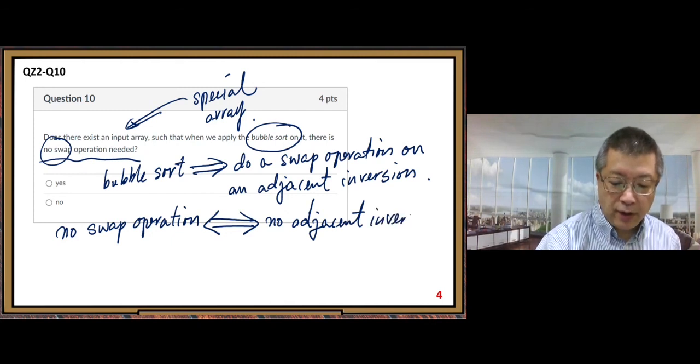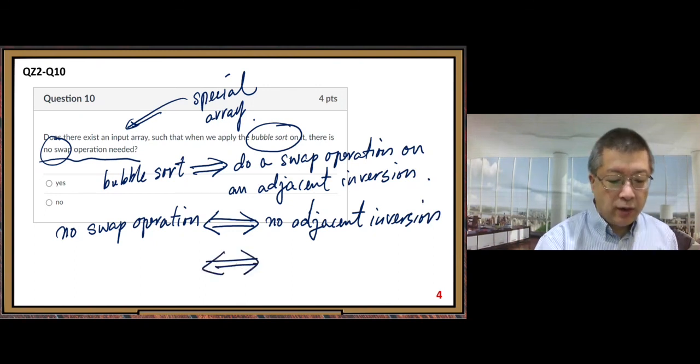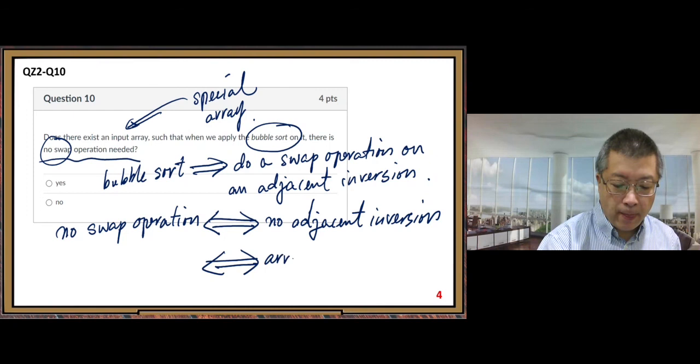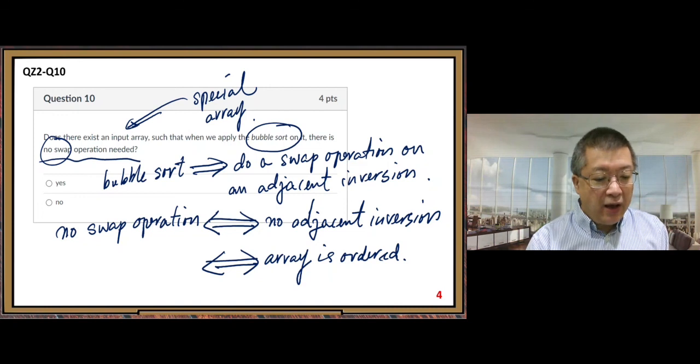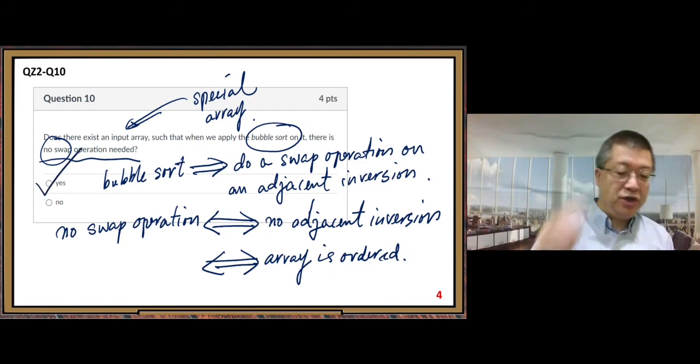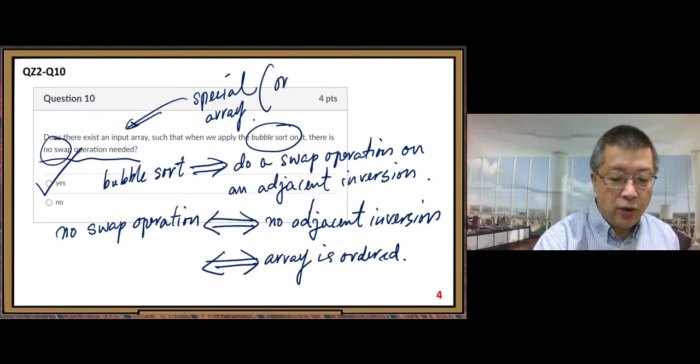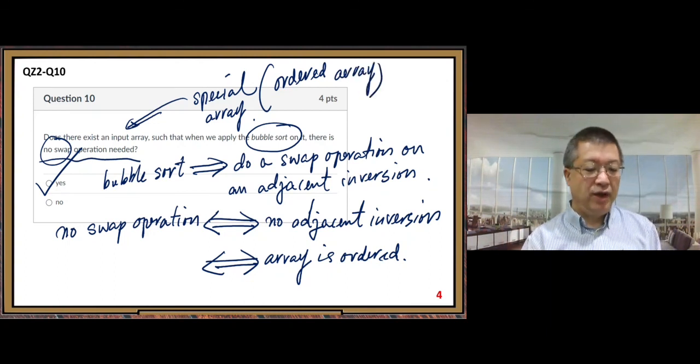If no adjacent inversion, that means the array is ordered, already sorted. Does there exist an input array that is ordered? Yes, an ordered input. So the answer is yes. This special array is an ordered array.